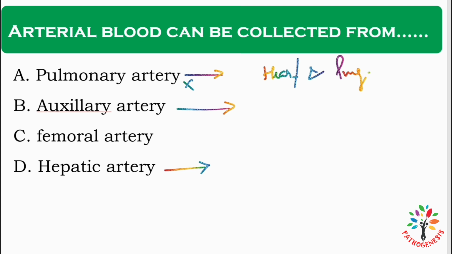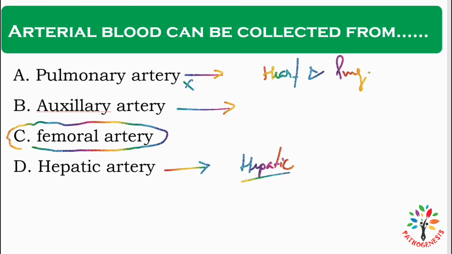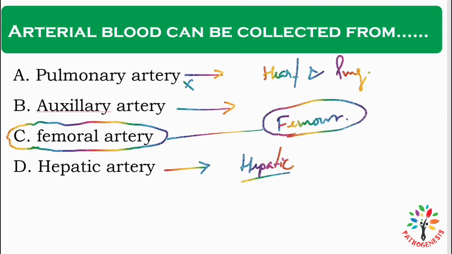Hepatic artery supplies blood to the liver. And which one is left? Femoral artery. The femoral artery is present in the leg, especially the femur part. From the femoral artery we can collect arterial blood.